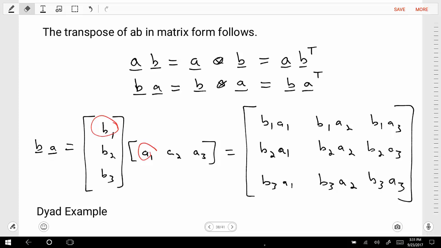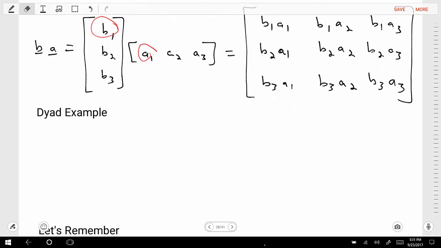So now let's go ahead and do a dyad example, and let's try to work this example to identify some more algebraic relationships with dyads. So let's start with a dyad example. Say we have a dyadic tensor, capital Phi, which is equal to vector A1, B1 plus vector A2, B2.